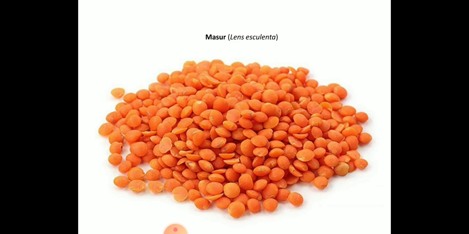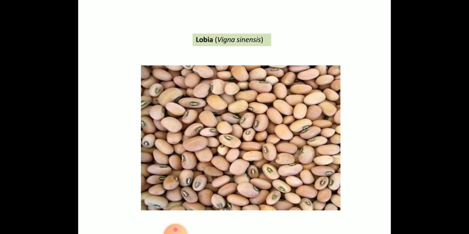And this is Lens esculenta, and Vigna sinensis. All these are the major pulses. Pulses are used in the preparation of various dishes, like dals, as sources of protein.